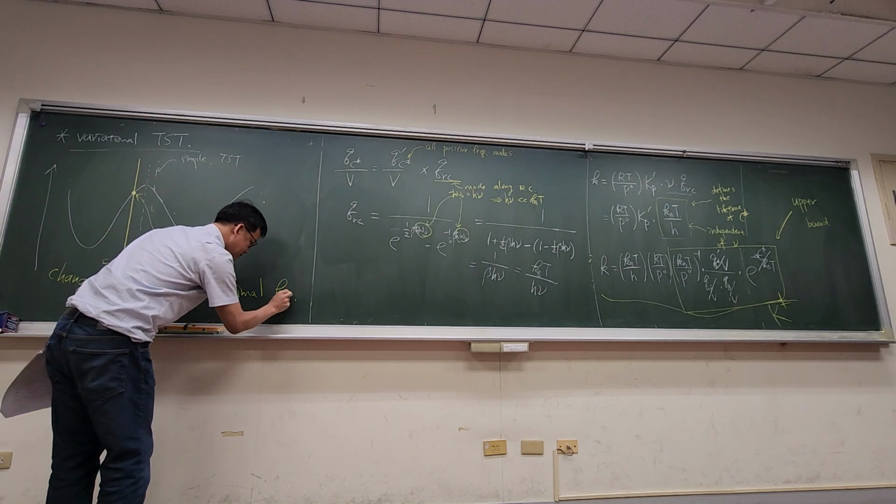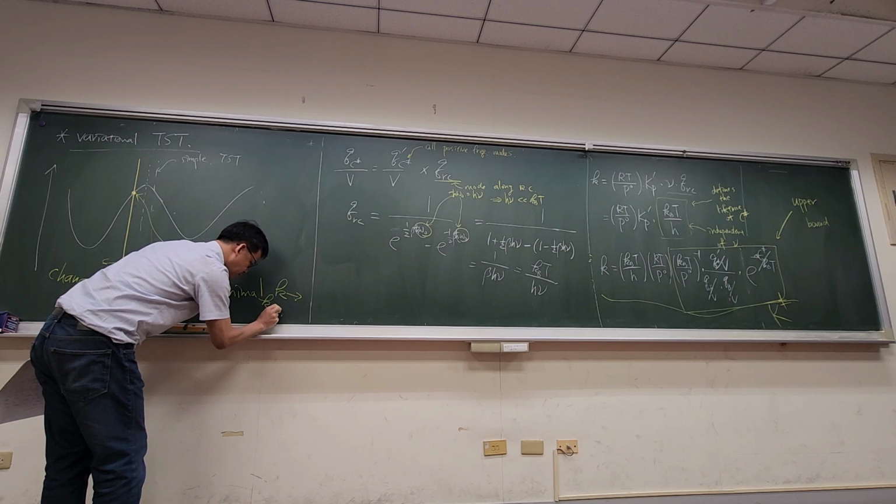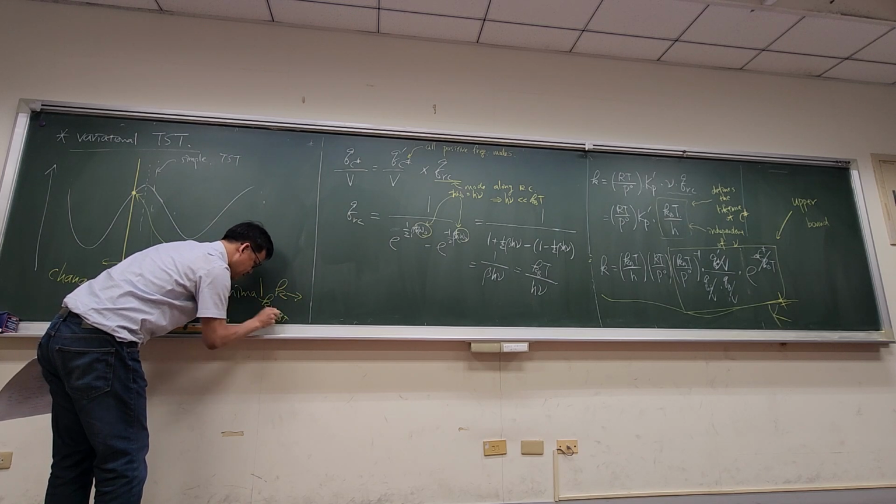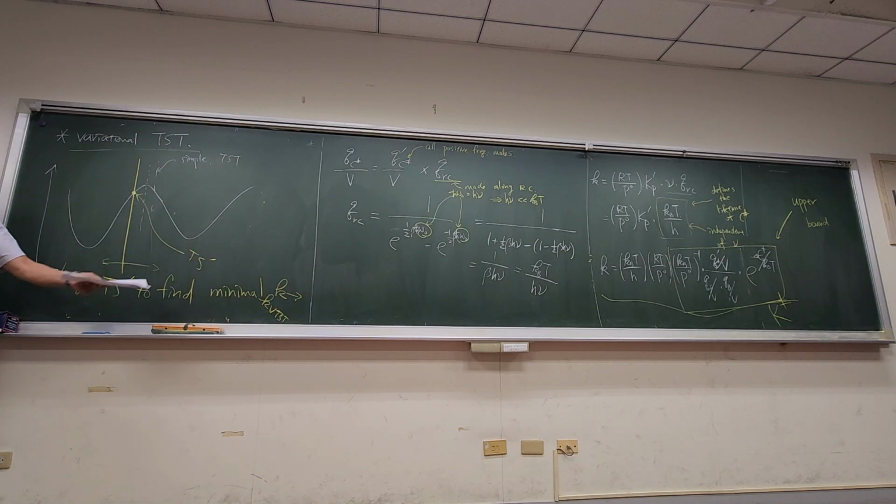And that will be the variational transition state rate. And this rate will have a better agreement with experiment.